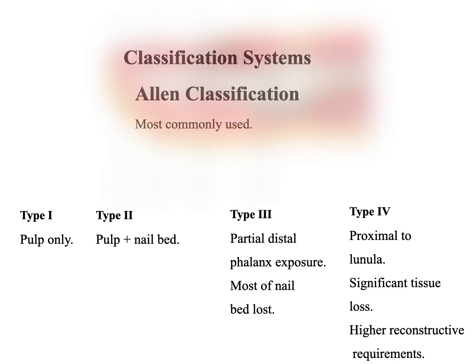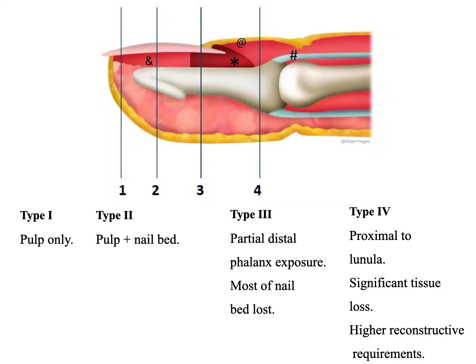First, the Allen classification: type 1 involves the pulp only. Type 2 involves pulp and nail. I'm sorry, this is wrong. Type 2 is not involving the distal phalanx. Type 2 is just here with the bone not exposed.